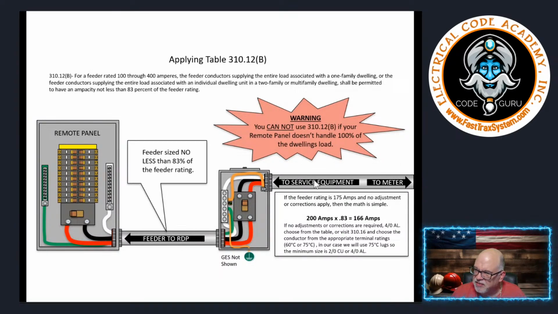If this is a service coming in and this is the feeder, this feeder is seeing 100% of the load. And obviously it is. Everything in this panel is going to be going through this feeder. Then we're allowed to apply the 83% as well to the feeder application for these conductors. All right, same rules apply, okay?